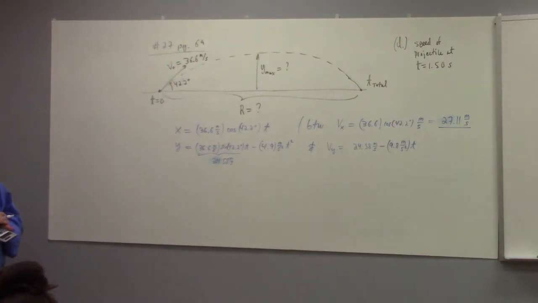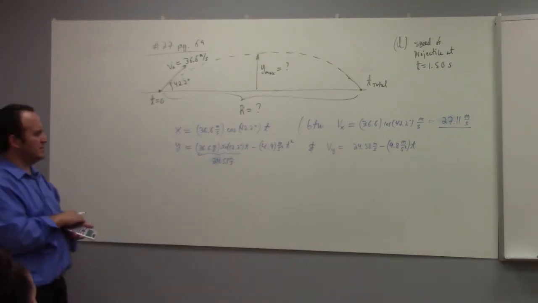Other people here are probably curious how you find the range and the max height. We actually derived formulas for those things, and we could use them here if we wanted to. What was the formula we had for R?